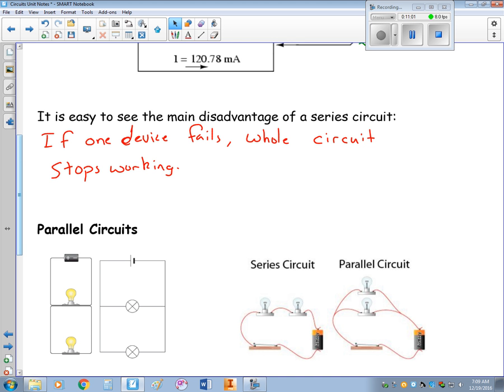If even just one device fails, the entire circuit's done. Cheap Christmas lights work like this, where you plug in a strand of lights and none of them work. You have to go through each single light to find the burnout bulb. That can be a real pain.